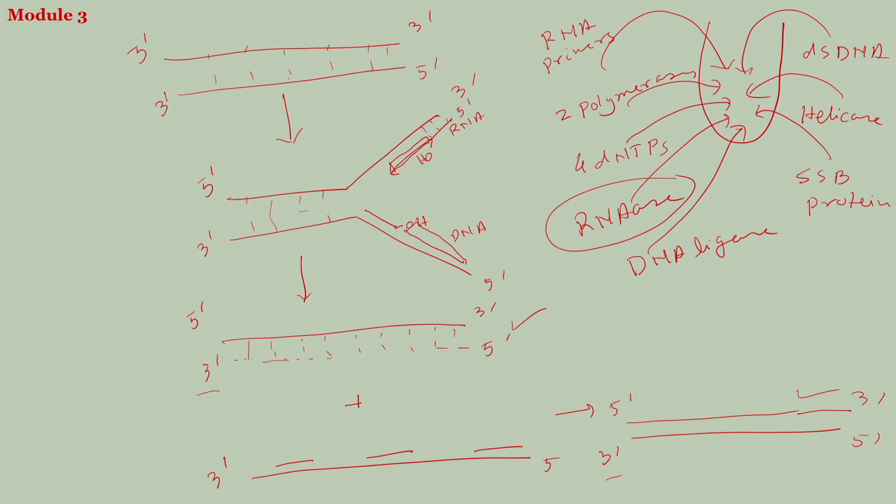So, even if you add second cycle, 5 prime 3 prime, you had opened the second replication fork for one strand, 3 prime 5 prime, you need the RNA primer here, you need the RNA primer there.